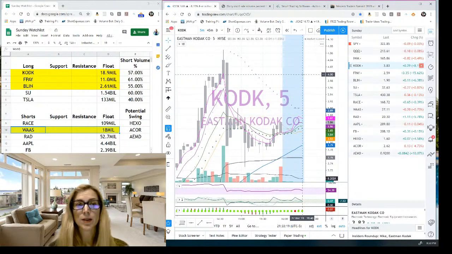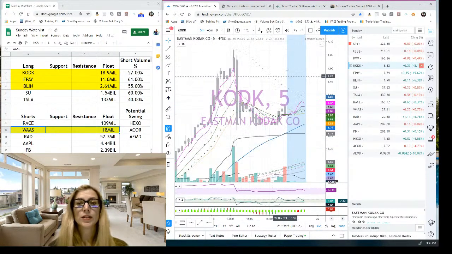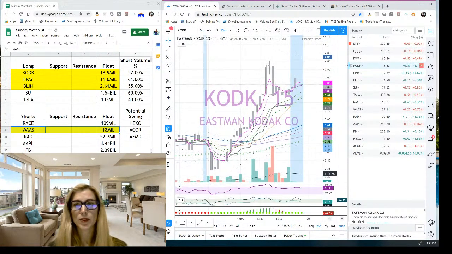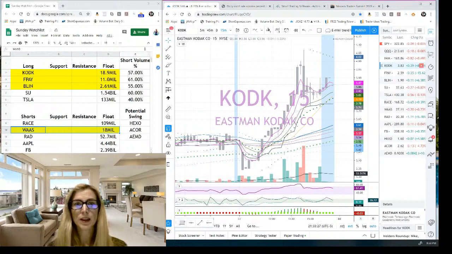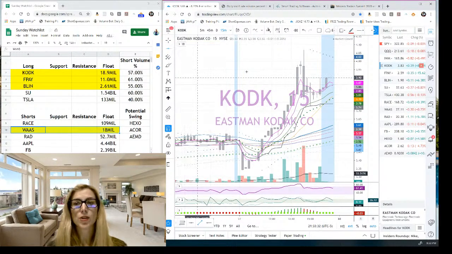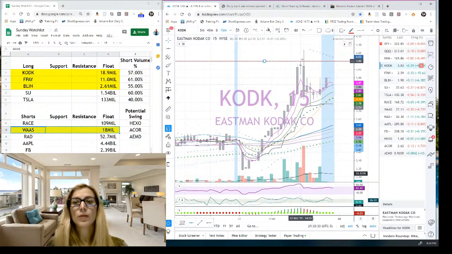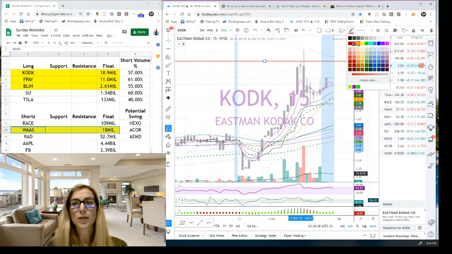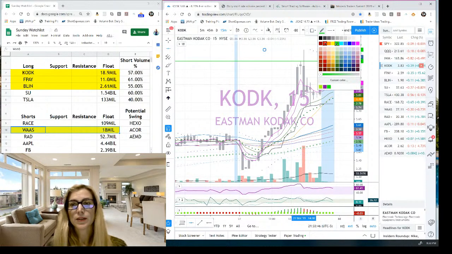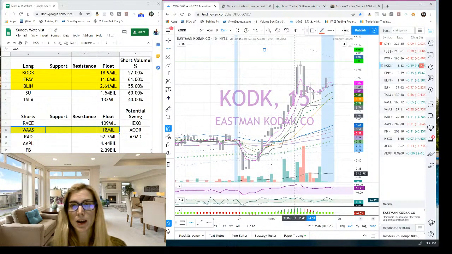So Kodak is on my list as a potential long. So I want to see it on the 15-minute chart here. And we'll move this over a little bit to give us some more room. All right, so let's go ahead and start getting into our drawings here. Really looking at that $4 mark for me, the whole dollar round number, second test potentially up here, 4.07, and then support to the downside if it's going to rip down.